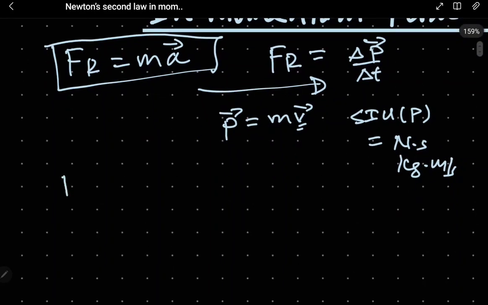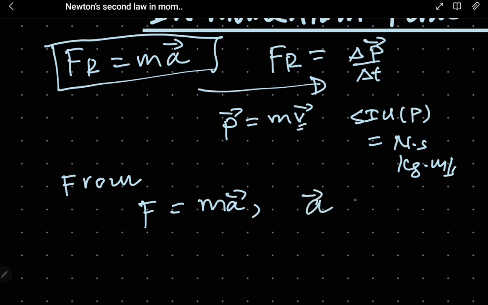Now from Newton's second law, the resultant force is equal to mass times acceleration. But from our mechanics, the kinematics from unit 2, the acceleration is given by v minus u, the final minus the initial velocity, divided by the change in time. Now, instead of acceleration, we use v minus u over change in t.